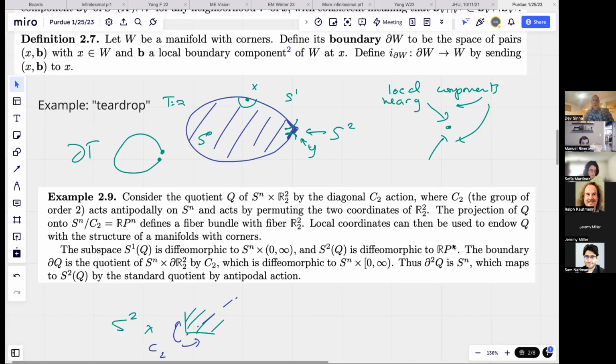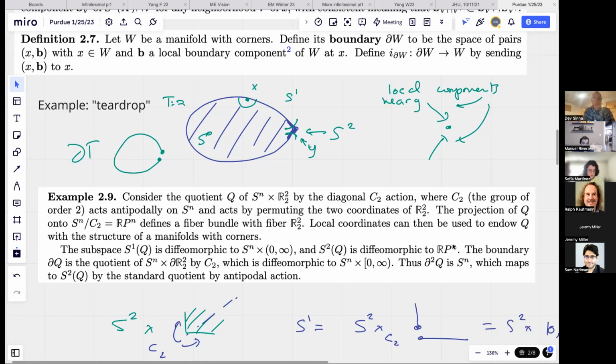So what is S1 of Q? Well, you won't be surprised. S1 is going to be S2 cross over C2 with these two axes, right? Like the teardrop, the point. By the way, it's always K factorial to 1 at depth K. So it's 2 to 1 here. So I've got two copies. And of course, that's just S2 cross 0 infinity if you want.